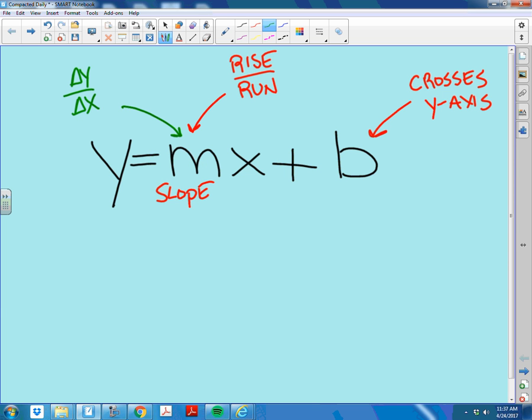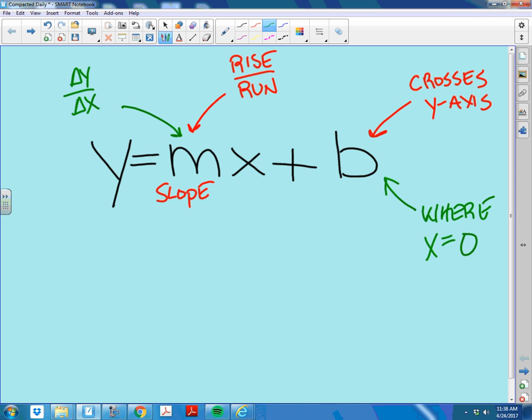If the x value is 0, because if the y value is 0, that's not necessarily the y-intercept. You're looking for where the x value equals 0. That is the y-intercept. The y-intercept is located on a table where the x value equals 0.